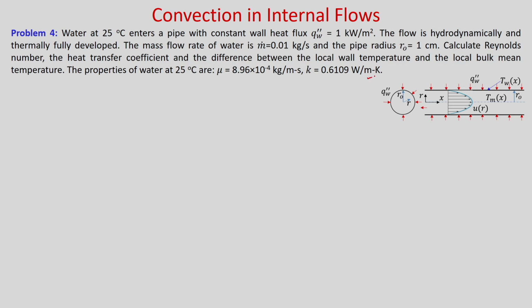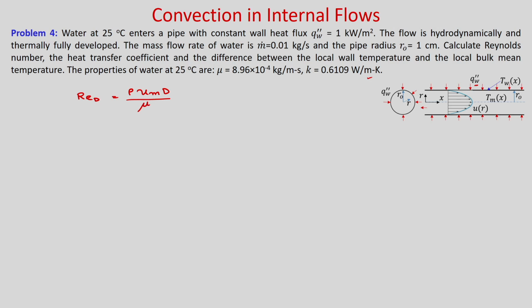Okay. So, this is a case of uniform wall heat flux boundary condition. So, for this particular case, first you calculate the Reynolds number. Okay. So, it is water, so rho you know. So, your Reynolds number is rho u m d by mu. Okay.